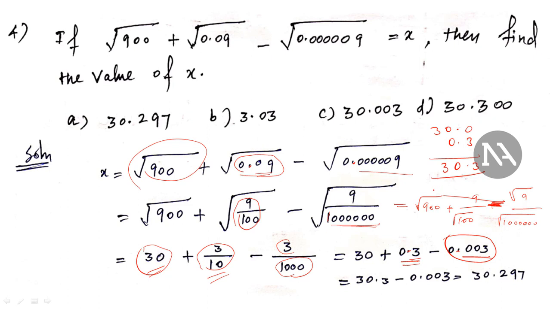30.3 minus 0.003. Now I can add 0, 0 here. Now I have to borrow from here. It will become 2, then this will become 9, and this will become 10. So 10 minus 3 is 7. 9 will come as it is, then 2 will come as it is.